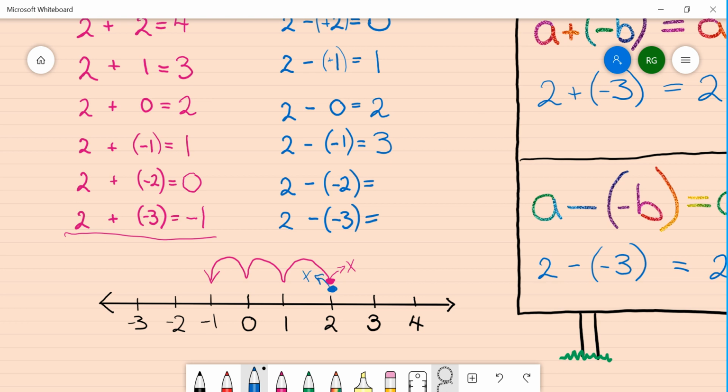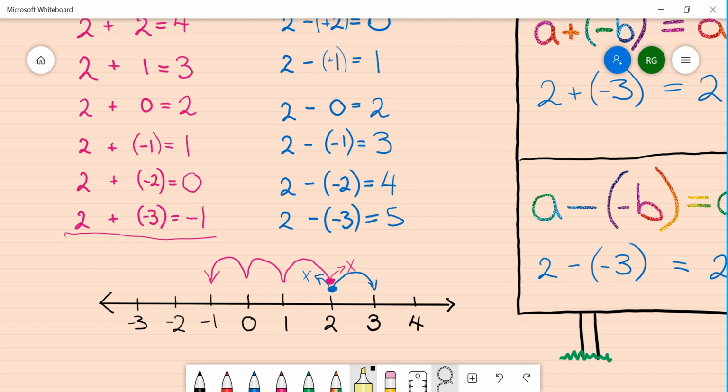But because we're subtracting a negative value, we reverse it and we go 1 position, which is why we have an answer of 3. 2 minus negative 2 becomes 4. 2 subtract negative 3 becomes 5.